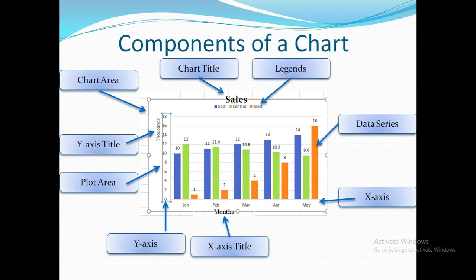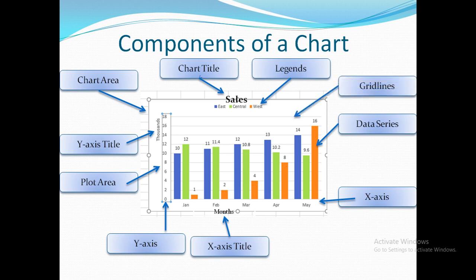Then come legends. Each data series is indicated by a specific color, pattern or symbol known as a legend. The use of legends helps the audience to easily distinguish between the data series. So here we are using blue for east, green for central and orange for west.